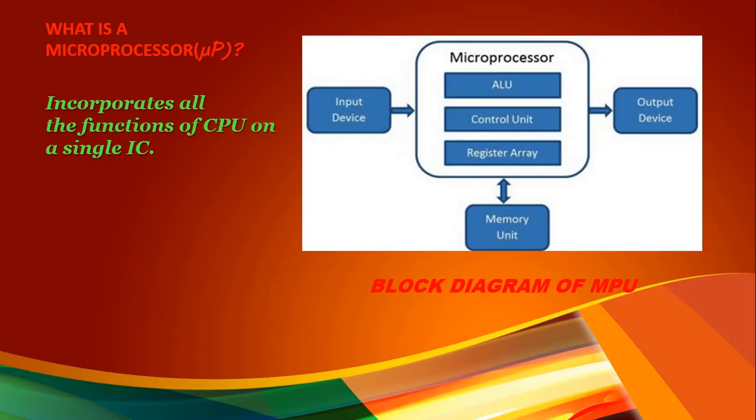See, what is a microprocessor? A microprocessor is mainly used in a computer system. A computer system consists of hardware, software and an operating system.